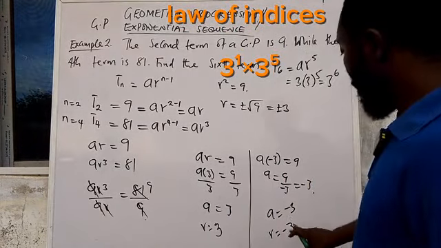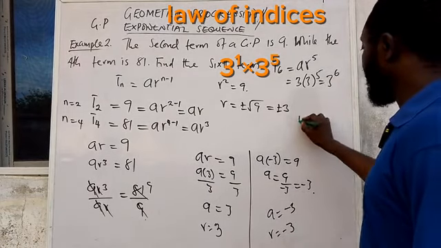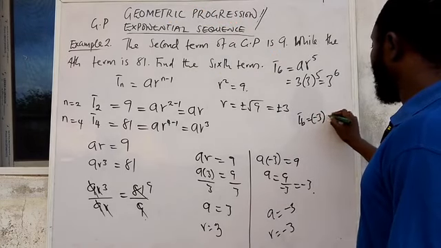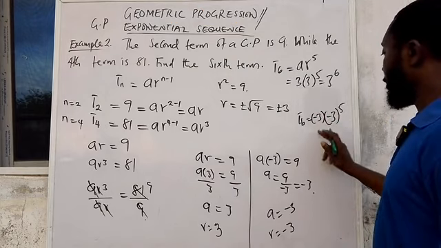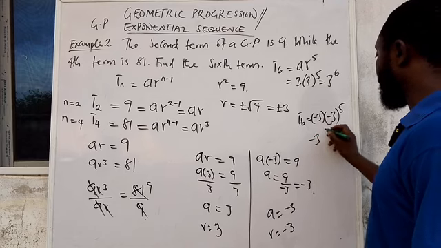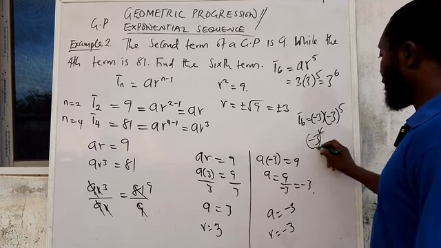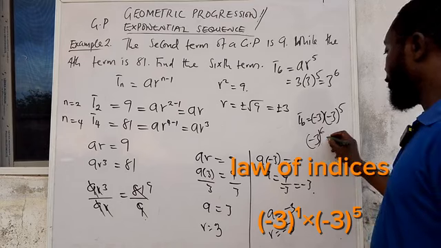Also, if we are going for the negative answer, our T6 will be negative 3 multiplied by negative 3 raised to the power of 5. And this will be negative 3 raised to the power of 6. And anytime a negative number is raised to an even power, the result will be positive.